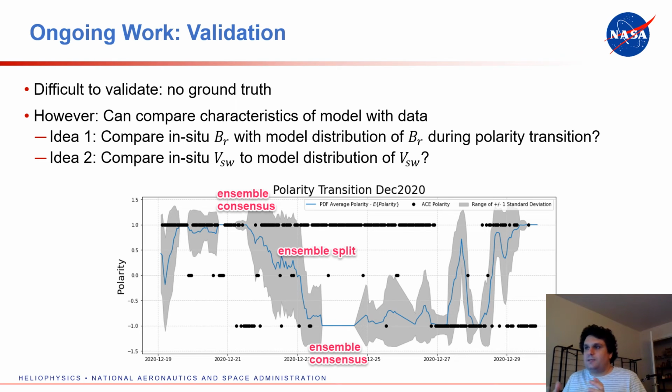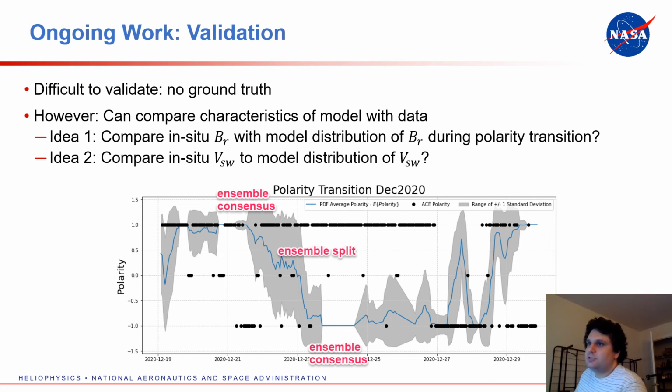So taking spacecraft in situ data at ACE, for example, during a coronal hole transition from positive to negative polarity, you're going to see BR move from positive to negative in the satellite. How does the distribution of BR from the footpoint probability distribution compare with the satellite data?